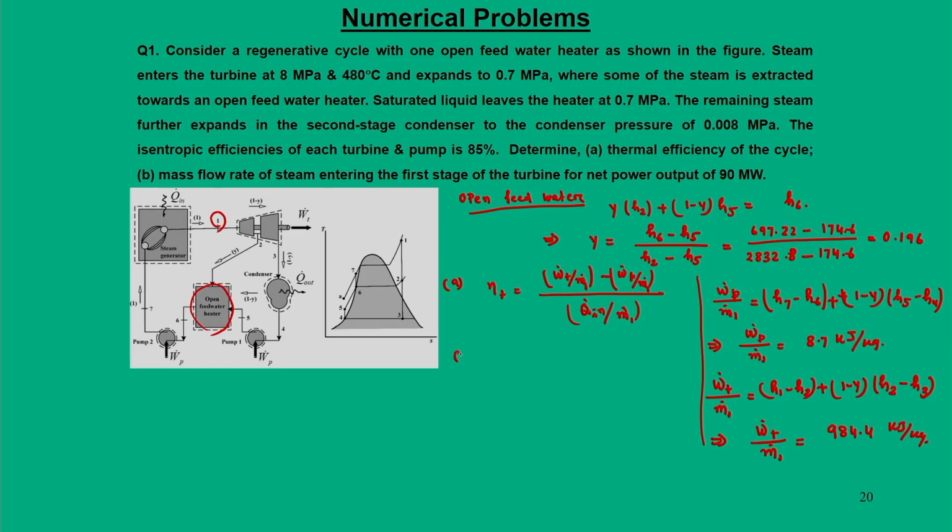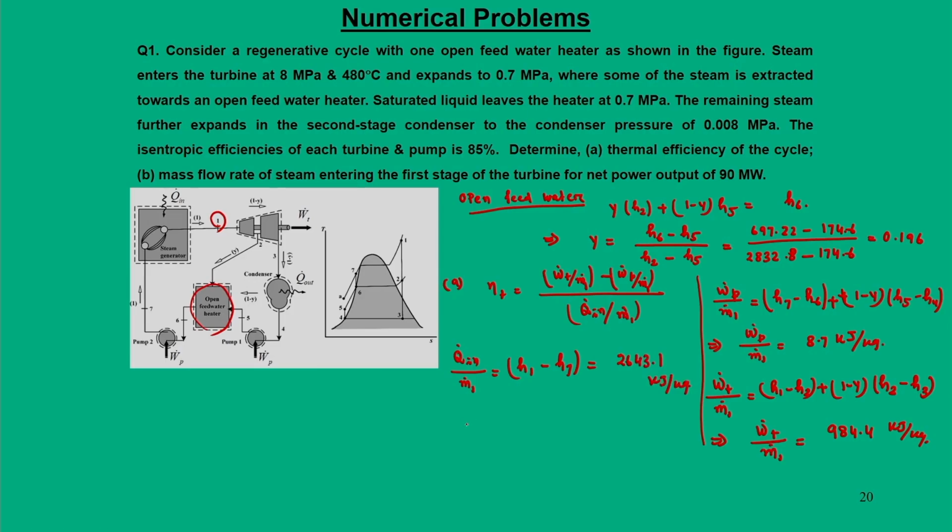Now, the heat addition Q dot in by m1 dot becomes H1 minus H7, so this value is 2643.1 kilojoule per kg.